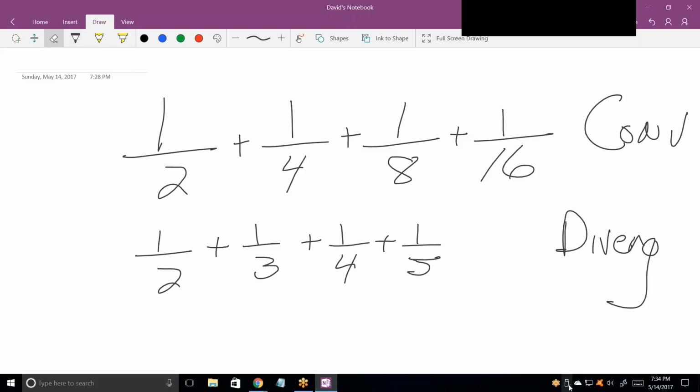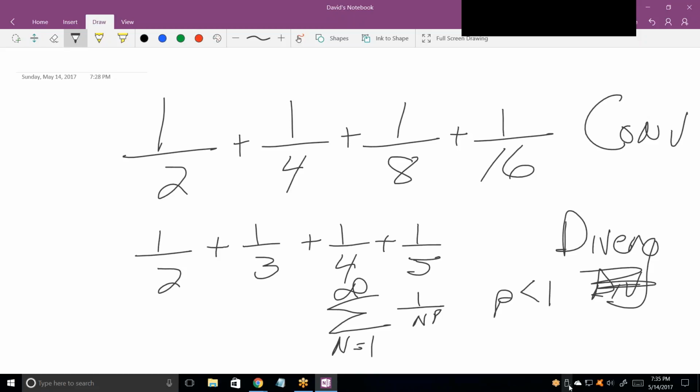The key is the following. If I have sigma notation, it's called a P series, and it's 1 over n to the P. If P is less than 1, it's divergent.